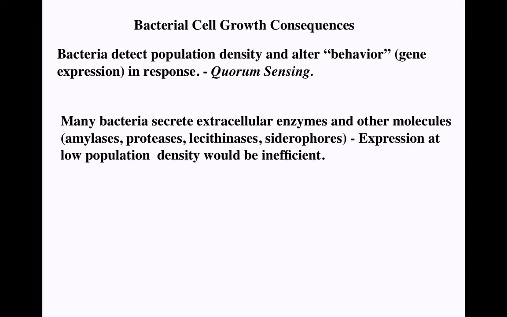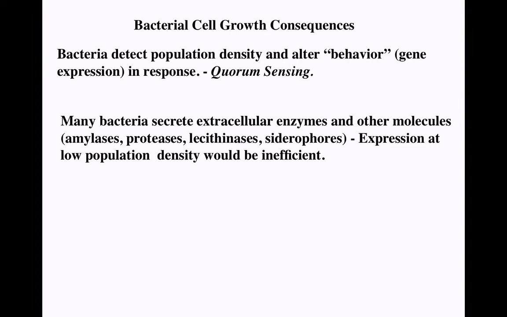But if the bacterial population is very low, and these bacteria are very small, one bacterium or 5 bacteria can't produce enough amylase, for instance, to have a significant degradation effect on extracellular starch.